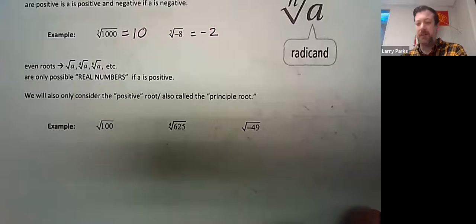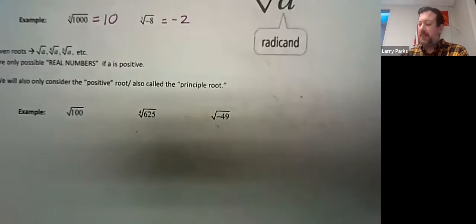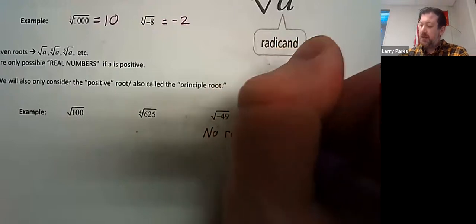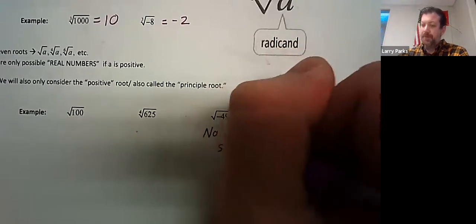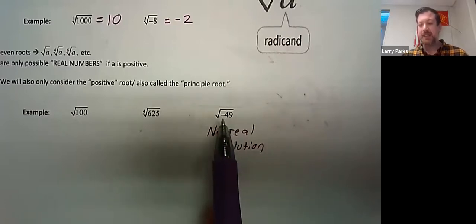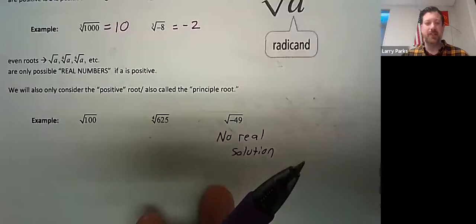So square root of negative 49, for now, you'll just say no real solution. We know what the imaginary solution is. We learned that in this class. That'd be 7i, positive and negative 7i. But we're not going to mess with imaginary in this unit.